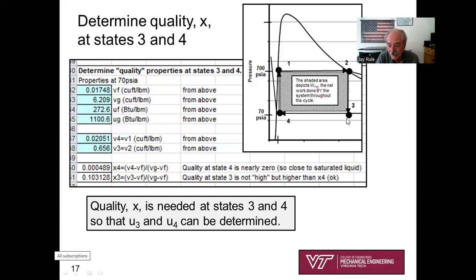We saw that V3 exactly equaled V2, and that V4 exactly numerically equals V1. So we use that along with VF and VG in our pressure table, 70 psi, to solve for X. That is a slide that might take you a while to work through numerically. That's hard work.